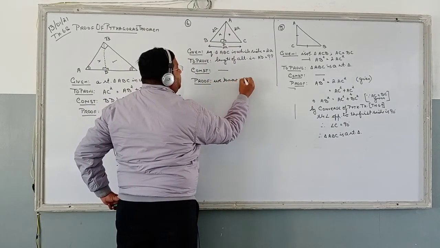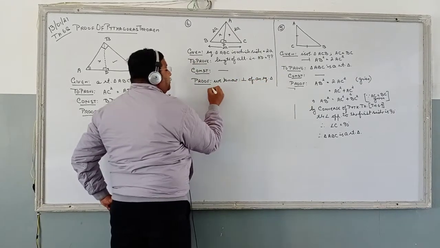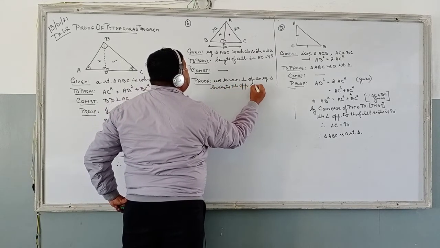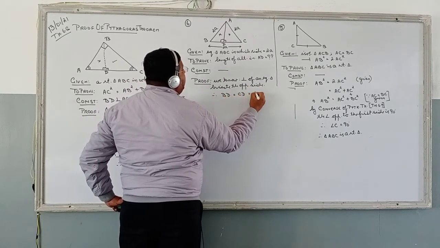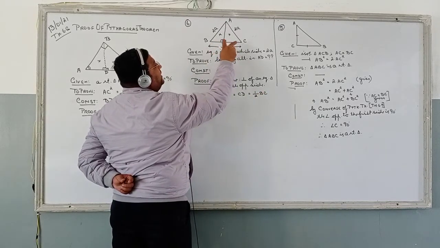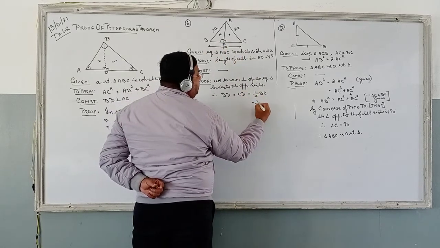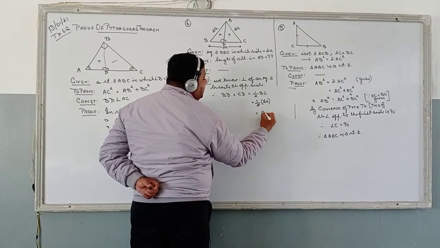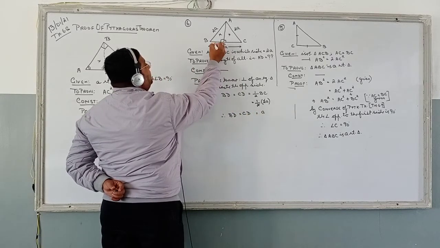Therefore, BD is equal to CD is equal to half of BC. And we all know all sides are equal. So half of BC is how much? 2A. 2 and 2 cancel. So that is A. So therefore, BD is equal to CD is equal to A.